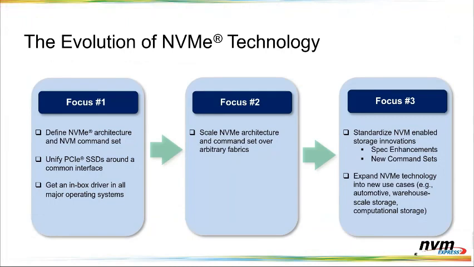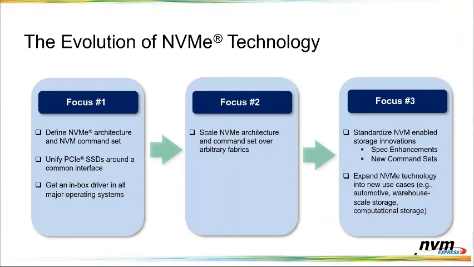As that goal was accomplished, there was a change in focus from a specification standpoint to look at what was required to scale out the NVMe architecture to different types of use cases and different usage models. One of the key pieces of that was focusing on being able to get our commands over an arbitrary fabric.